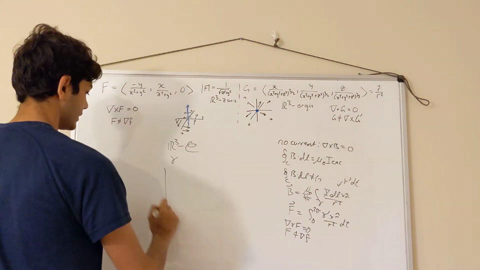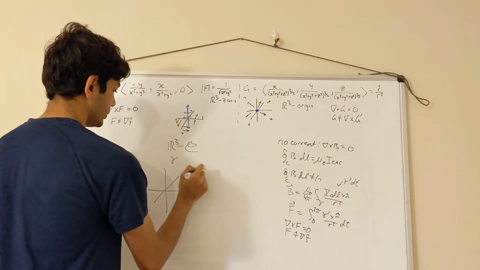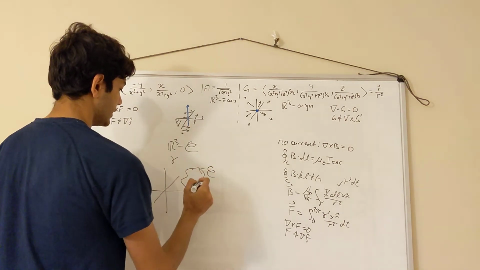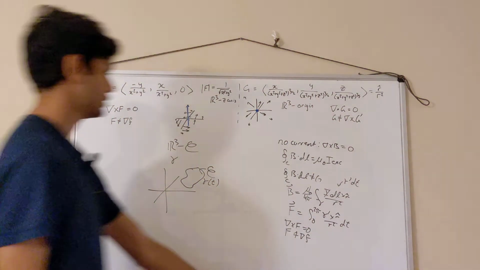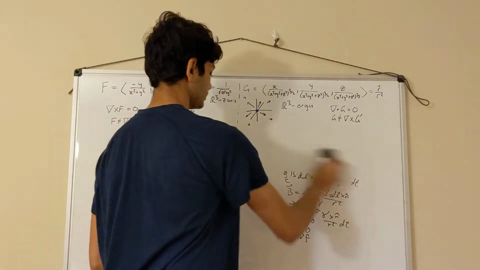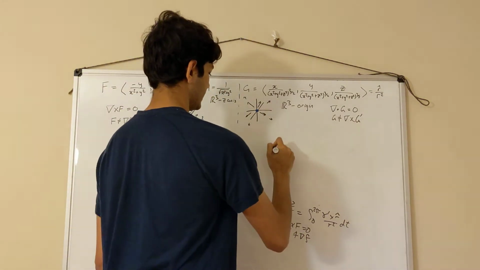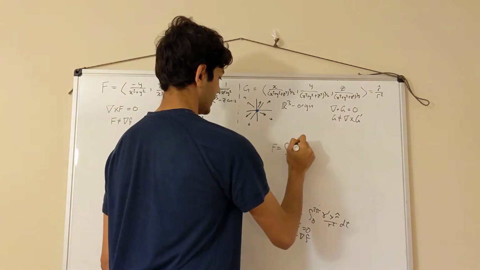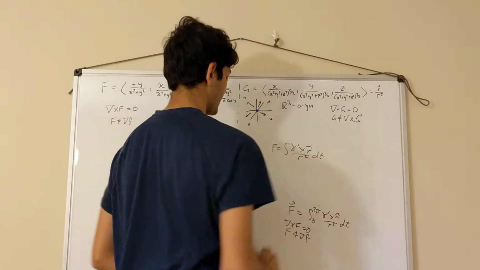So what I mean by that is you have three-dimensional space, and you're going to be missing some loop C over here, and this is given by gamma of t. Then what you can do is you can take this line integral f, which is given by f is equal to the integral of gamma prime cross r hat over r squared dt.